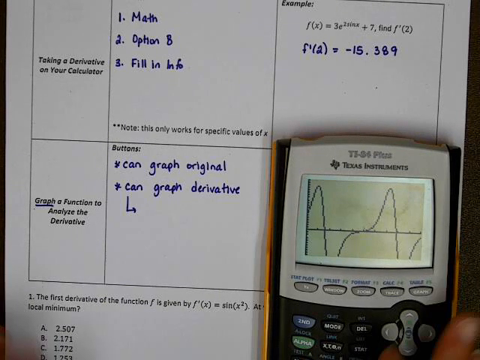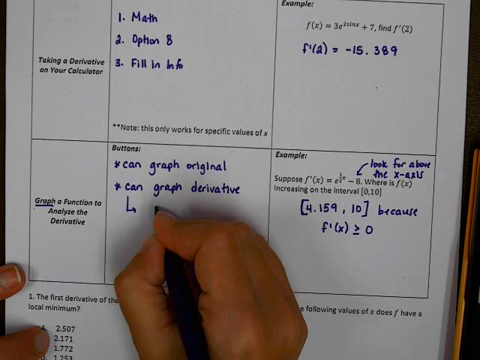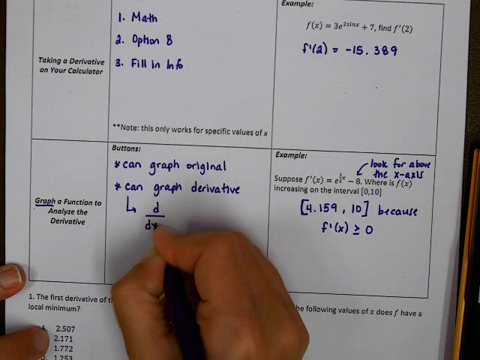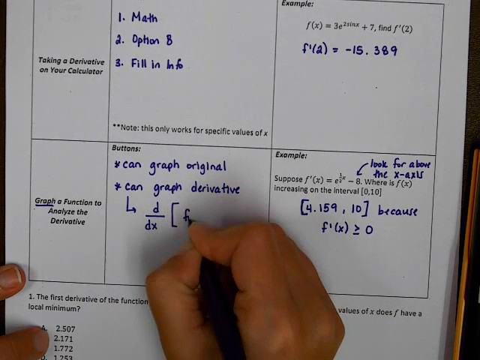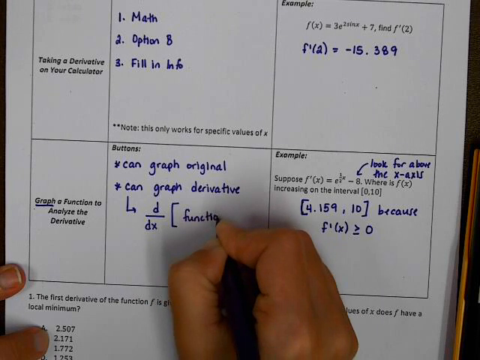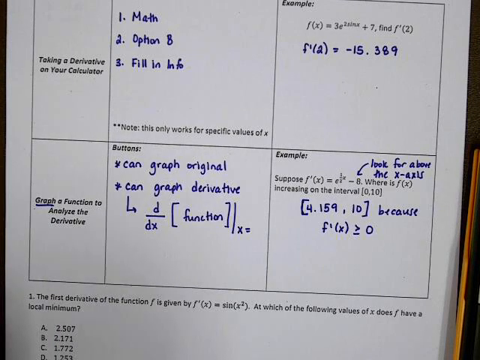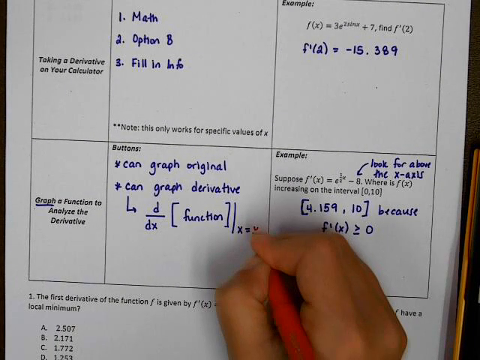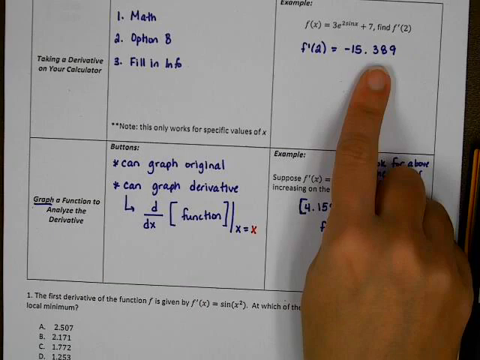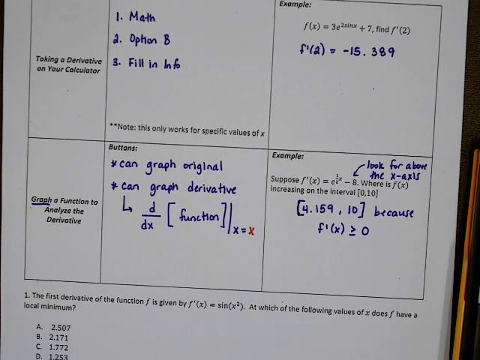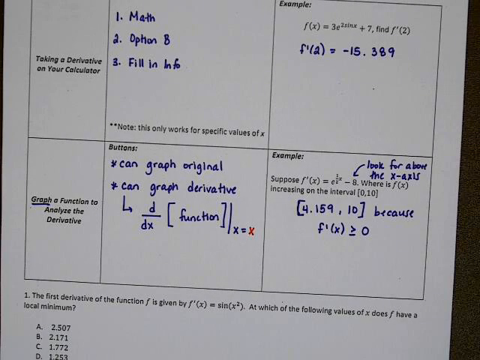So we can graph the derivative, it's just in this d over dx of your function thing, evaluated at, you just type in x equals x there. Versus here where we found the derivative at a specific number, so we typed in x equals 2 there.